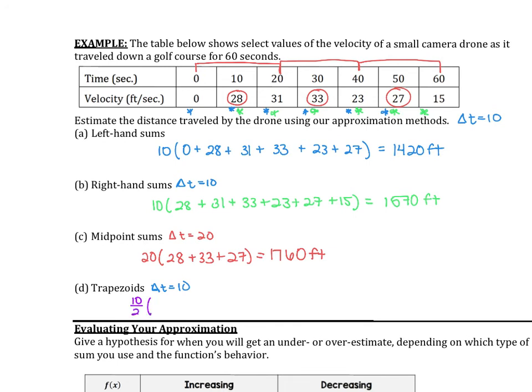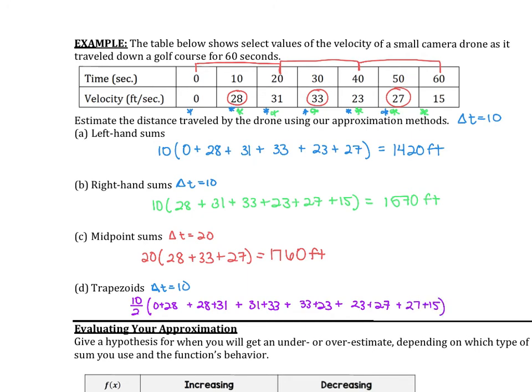And then my first trapezoid is going to have bases of 0 and 28. My next trapezoid is going to have bases of 28 and 31. My next trapezoid is going to have bases of 31 and 33. My next trapezoid is going to have 33 and 23, then 23 and 27, then 27 and 15.